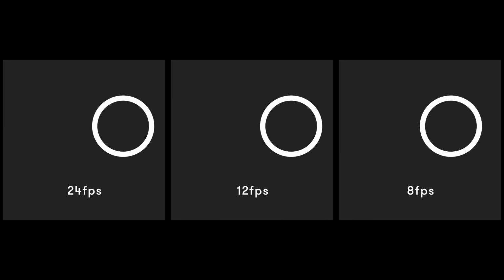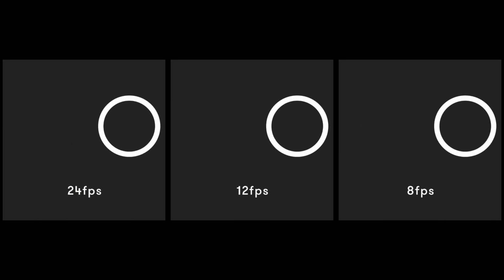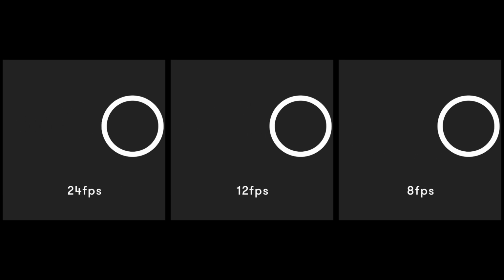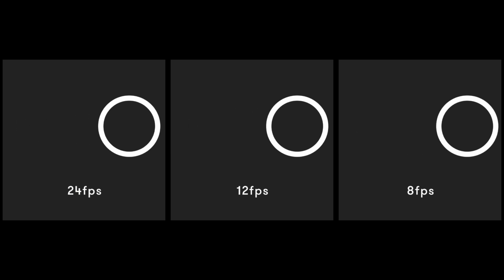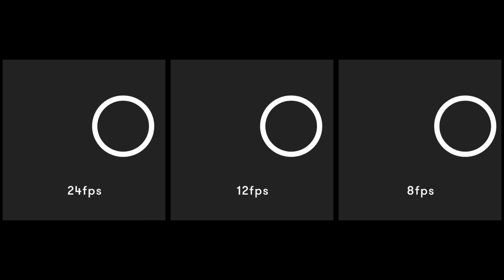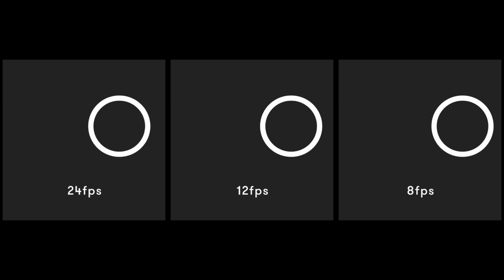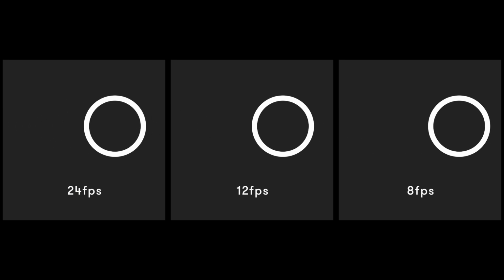You can see it's a little bit more steppy, a little bit more stylized. You could describe that as being animated on twos, which is like half as many frames as the 24. And then the one on the right is 8 frames per second. So that could be considered animated on threes, and it's more steppy.